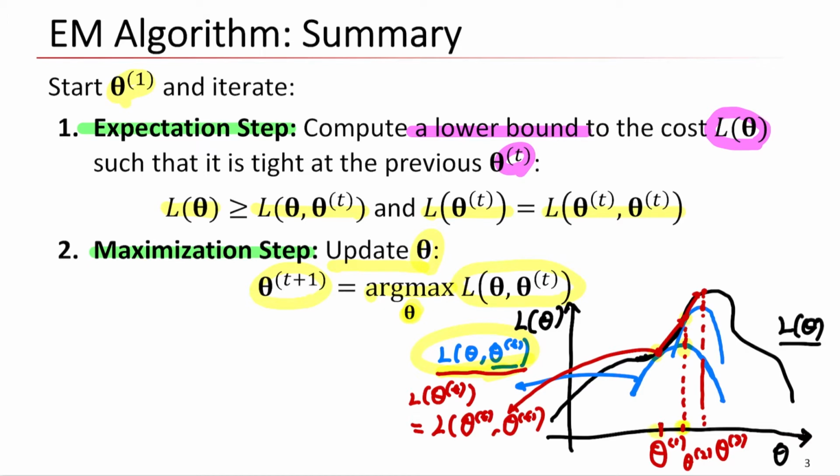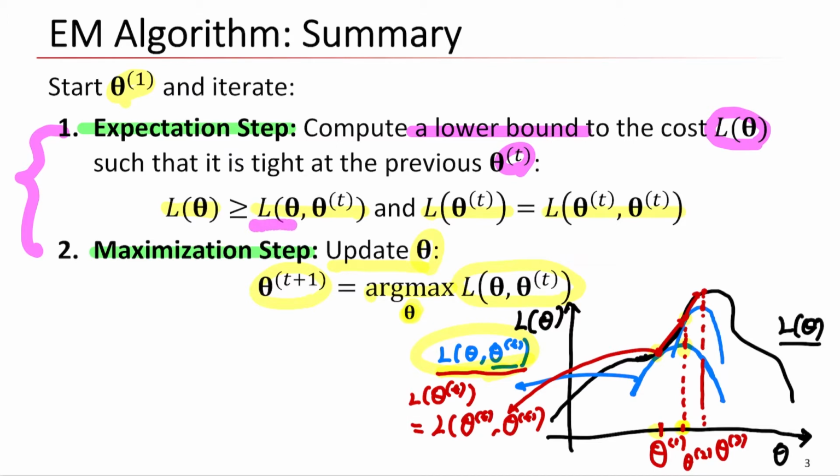So this is the expectation step, right? By iteratively solving this expectation step and maximization step, we will find the converged values in terms of theta. Okay, so this is the summary of the EM algorithm.